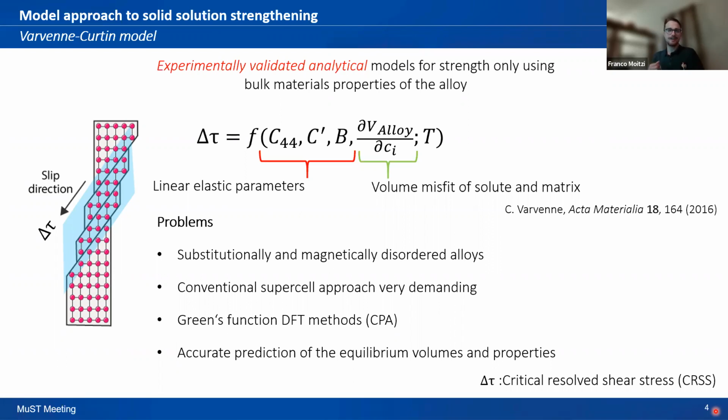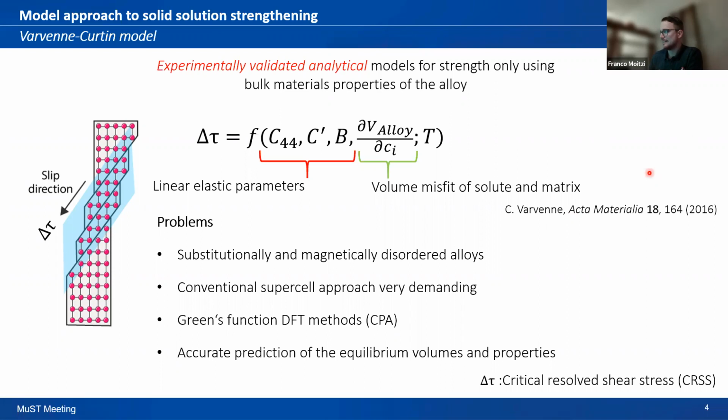In this approach, the strength, so basically the shear stress that is needed for moving the dislocation along a plane and deforming the crystal, is just given as a function of some measurable or calculable material properties such as linear elastic constants, equilibrium volume, and stacking fault energies. In particular, I was using an experimentally validated analytical model for the strength, which was proposed by Varvenne and Curtin a couple of years ago, and which seems to be quite successful according to the number of publications and citations.